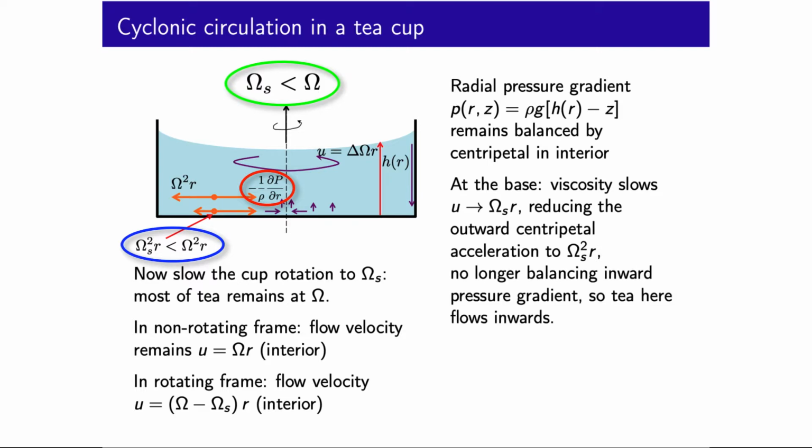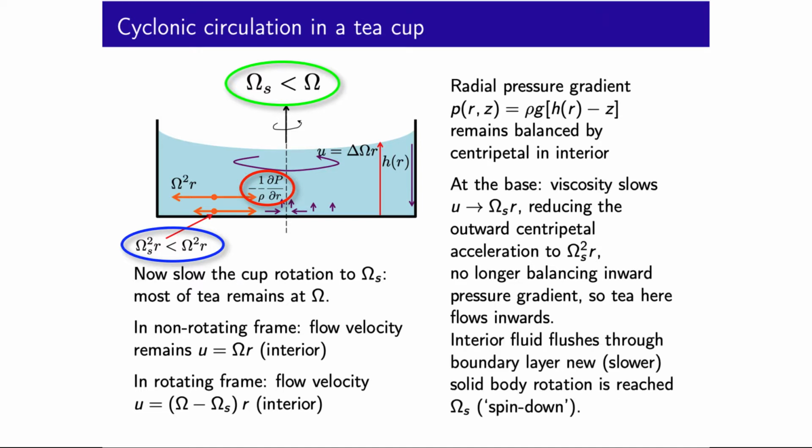This no longer balances the inwards radial pressure gradient, so the tea here flows inwards. Over time, all of the tea in the interior flushes through this bottom boundary layer and slows to the new solid body rotation of omega s. This is referred to as spin down.